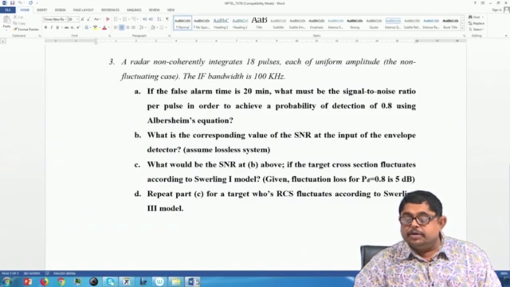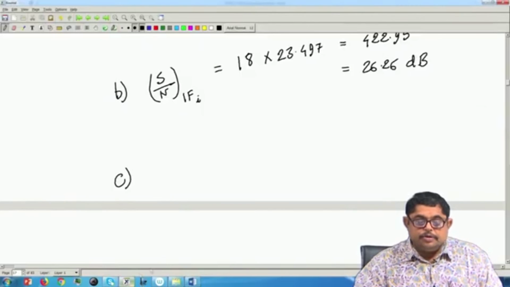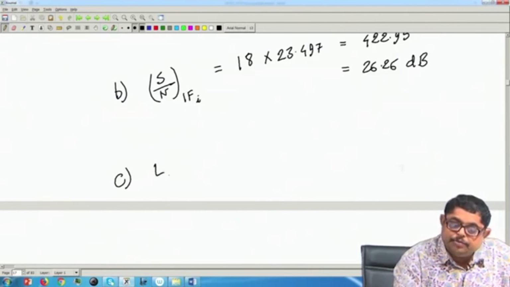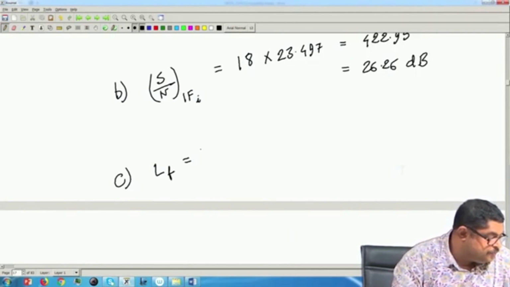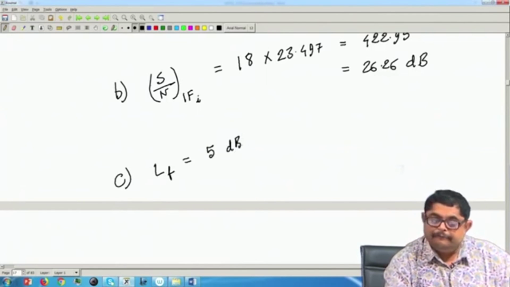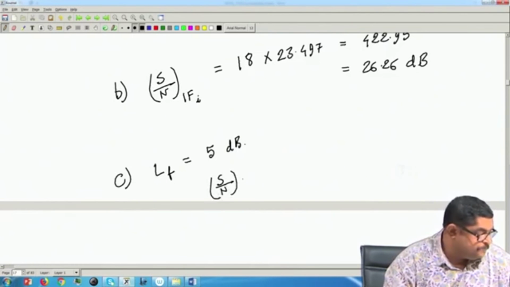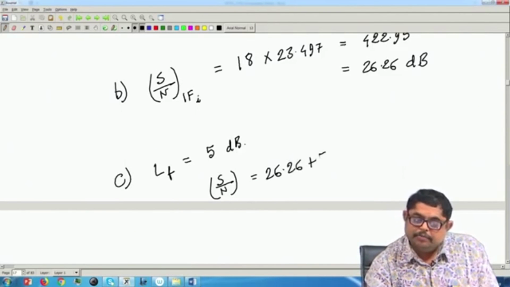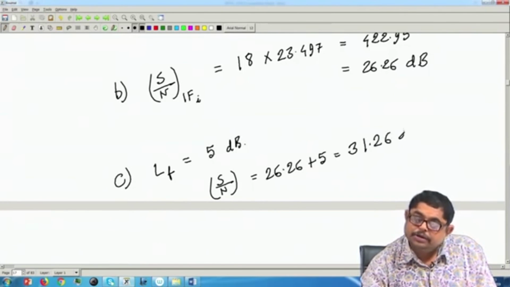Given the fluctuation loss is 5 dB for this PD, in this case we will have to add that fluctuation loss of 5 dB. So, SNR will be 26.26 plus 5, that is 31.26 dB.